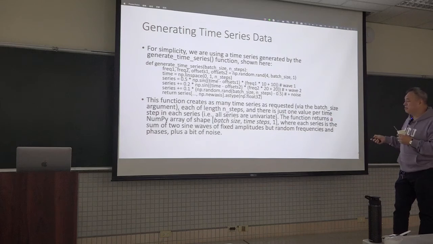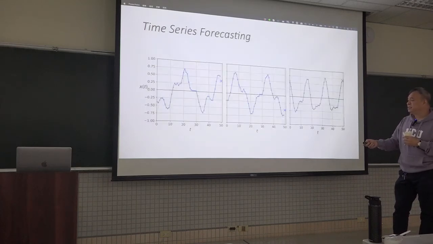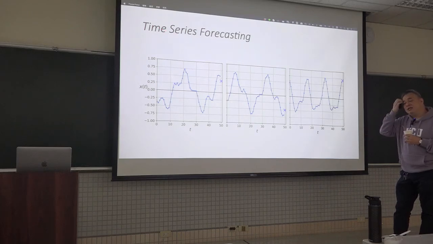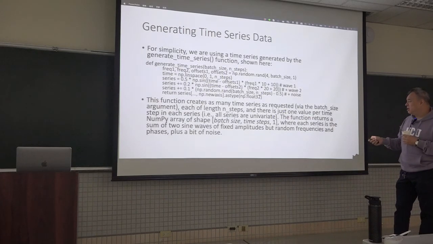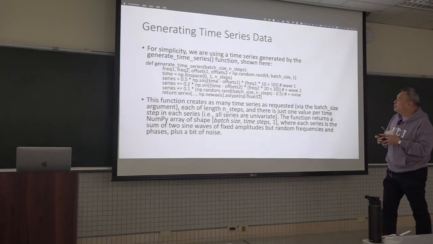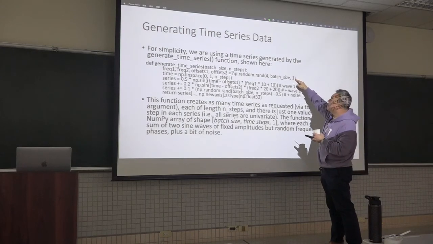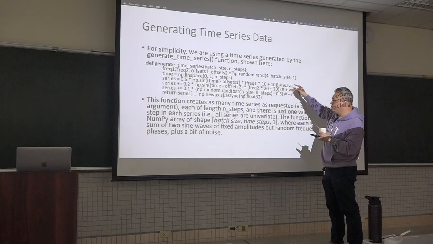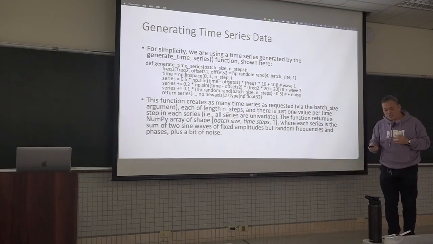And there is just one value per time step in each series. If it's one value per time step in each series, that's the univariate case. If we want to return 3 values for each step in each time series, then what we need to change is here. We need to change this to something else.